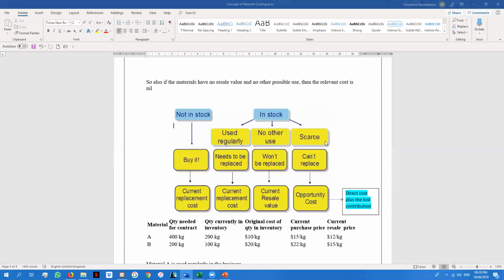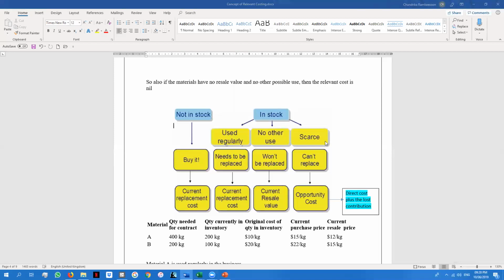Maybe you build apartments or construct different types of things for customers, and these jobs require the use of the materials you've got. But right now the stock of this material type is scarce. A customer comes along and wants you to do a special job for them. The materials right now, if you could have replaced them, would have cost you $10, call it a unit of material.